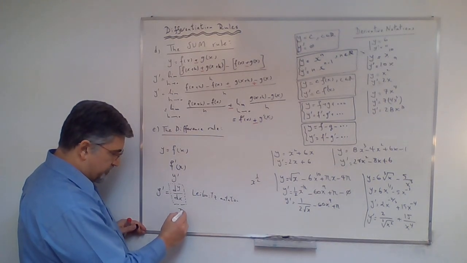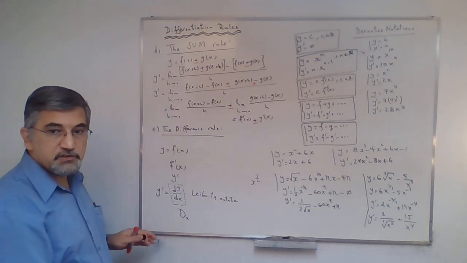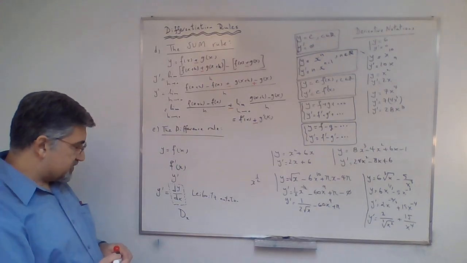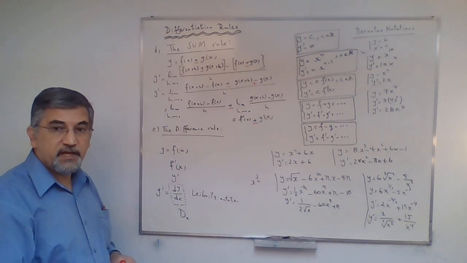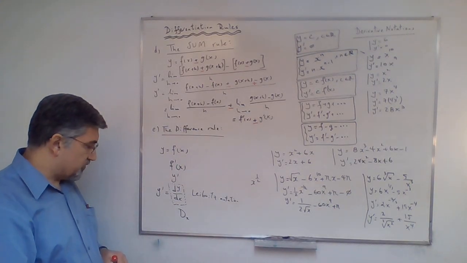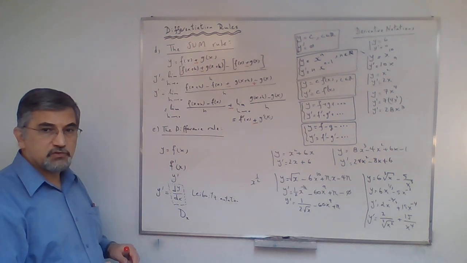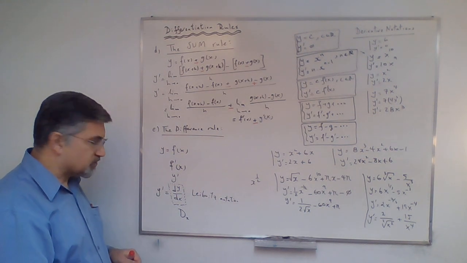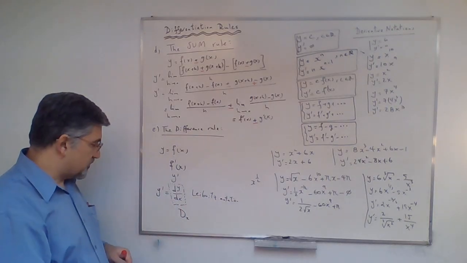They write D sub x, which means derivative with respect to x, and that's another way to show the derivative of a function. It's not used in your textbook. In some older textbooks, that's the notation they use. It's called D operator notation.